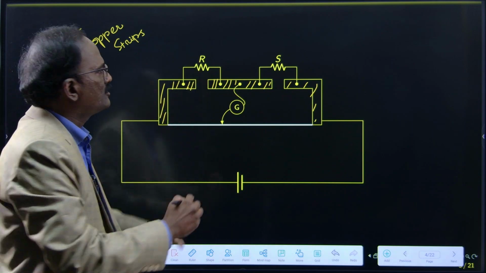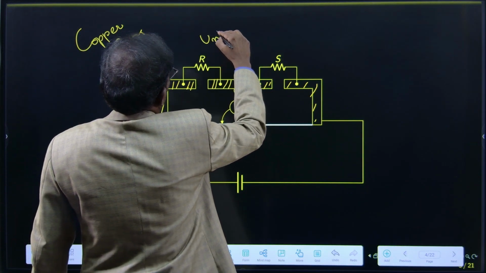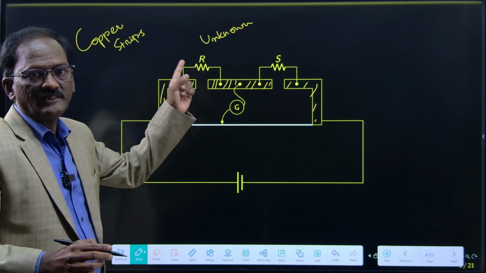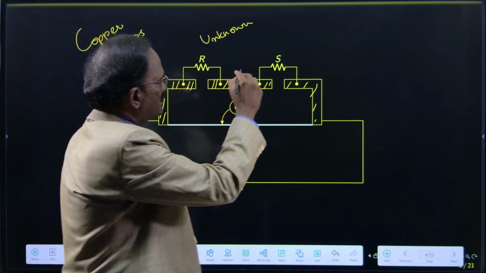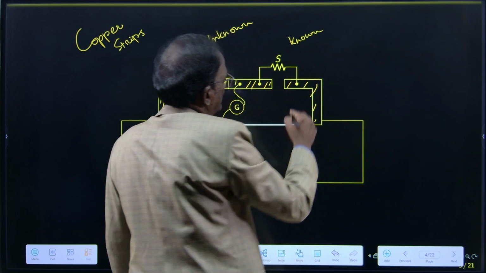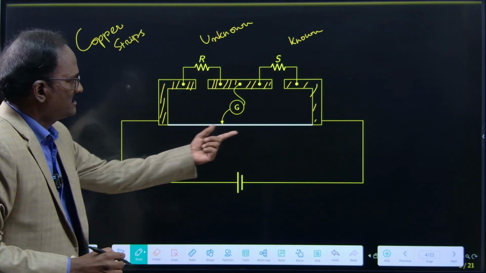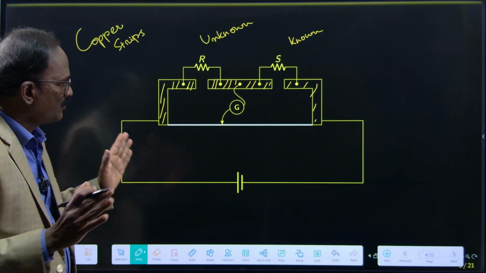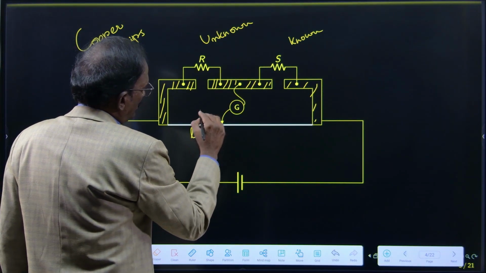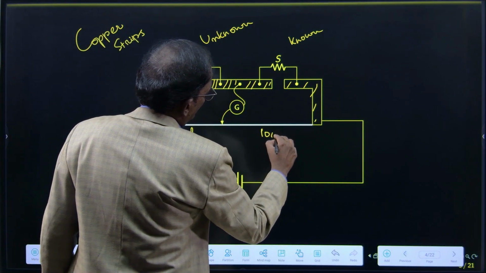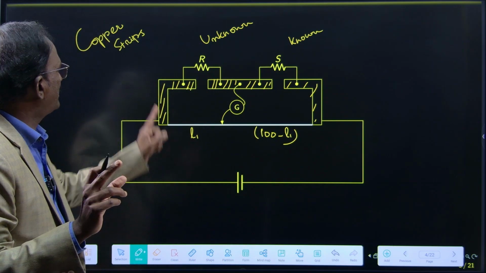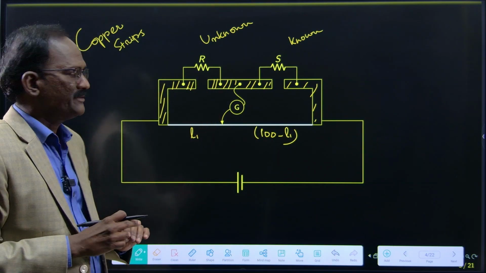R is the unknown value; we are going to find the value of R. S is the standard, known value. And this white colored wire is our 1 meter length slide wire. This is L1 or L, and this is 100 minus L1, in terms of centimeters. It is a meter bridge, but we will take centimeters.